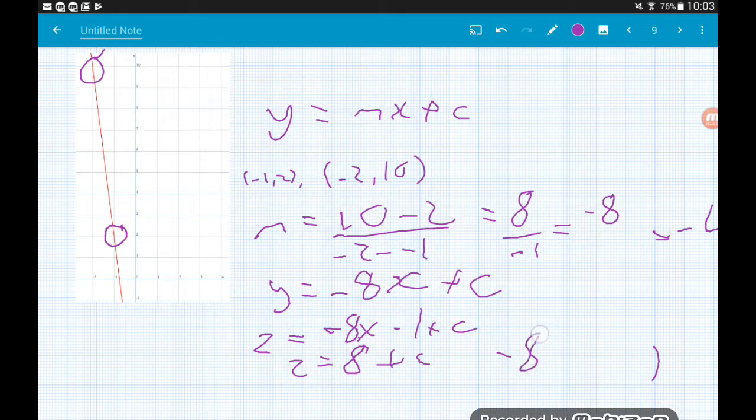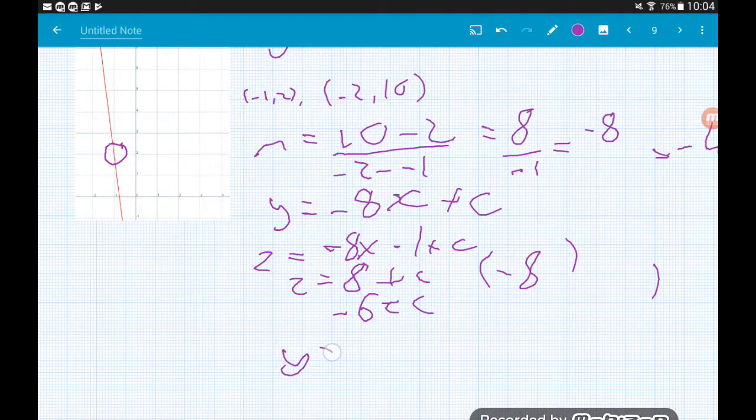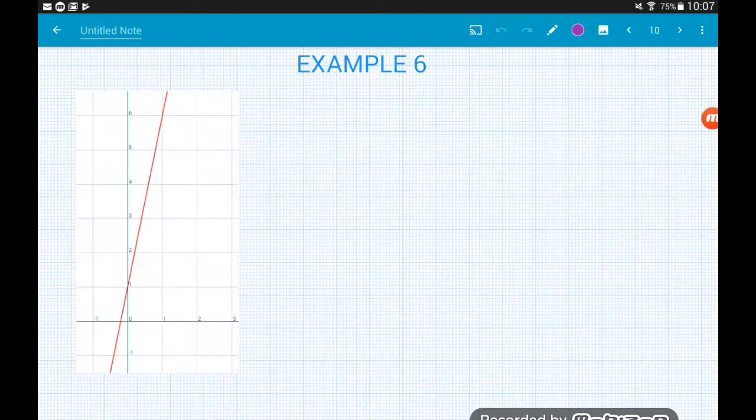If we take away that 8 on both sides, we will be left with minus 6 equals c. So the equation of our line here is y equals minus 8x minus 6. Cracking, jobs are good.